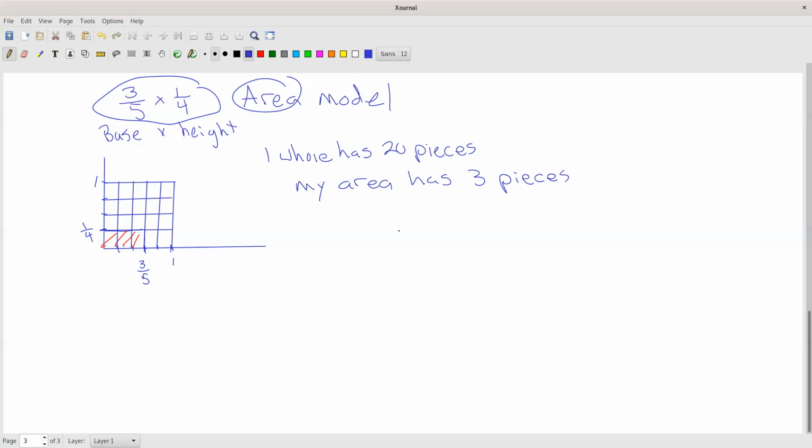So that tells me that 3/5 times 1/4, according to the idea of area and part of a whole, has to be 3/20. Coincidentally, like before, 3 times 1 is 3, and 5 times 4 is 20.